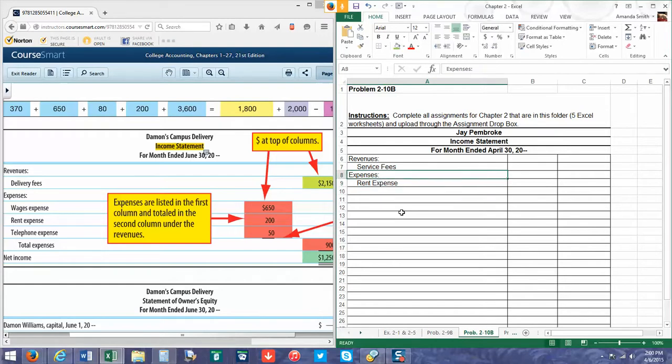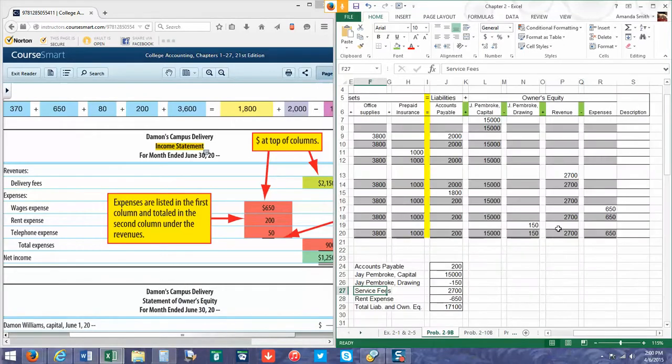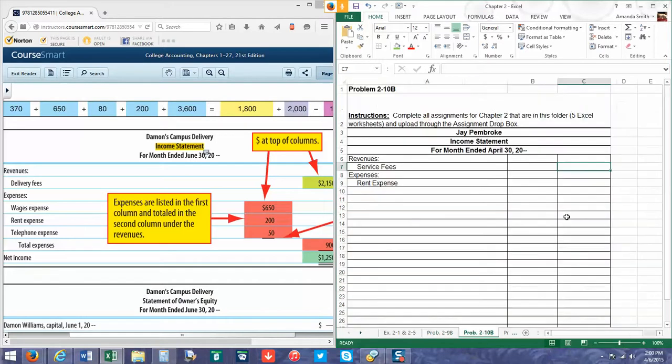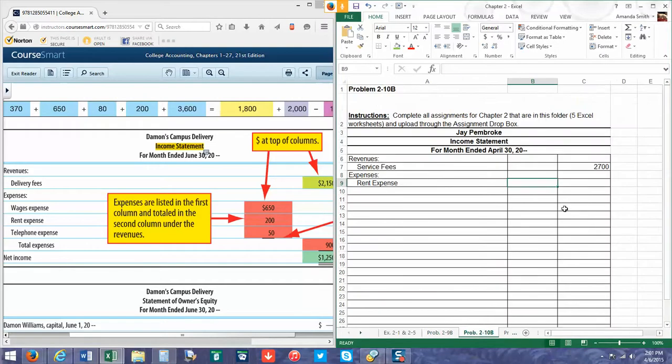So we're going to look at our service fees. Our service fees was $2,700. Our rent expense was $650. Then we're going to record our total expenses.